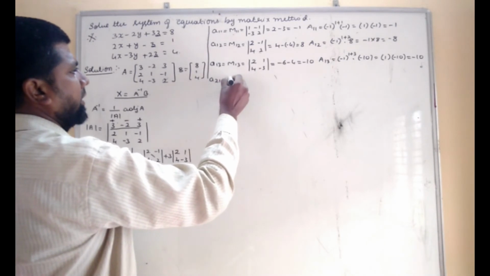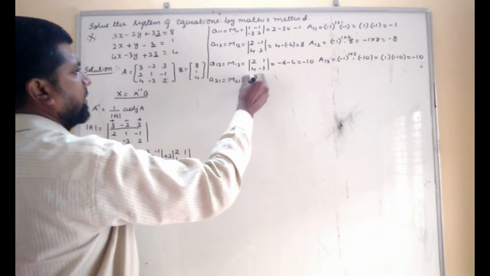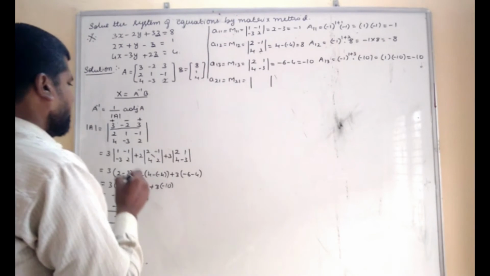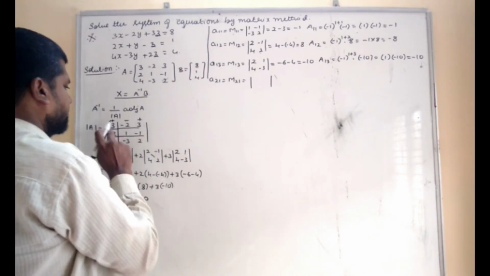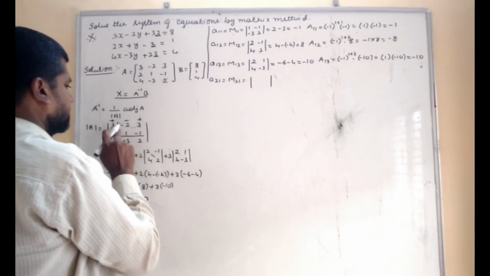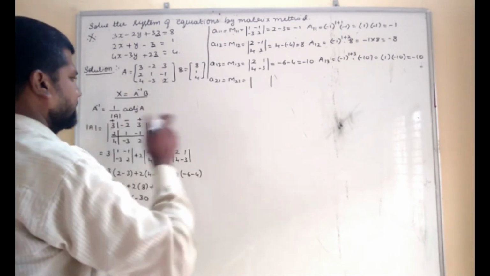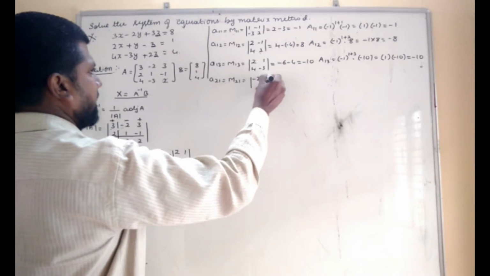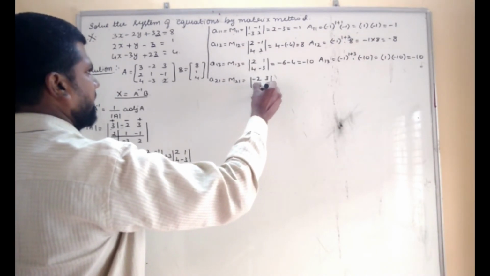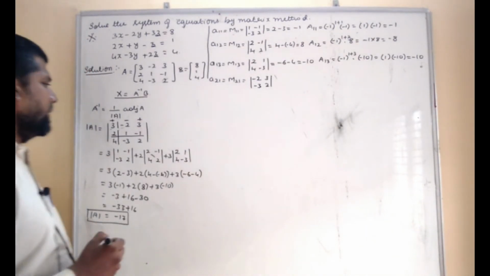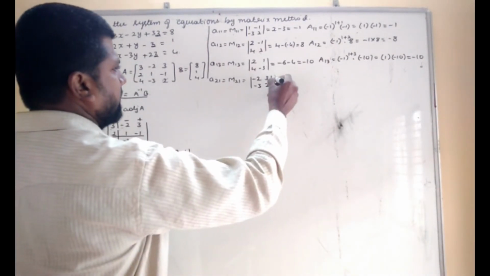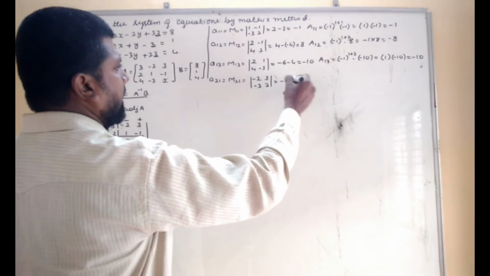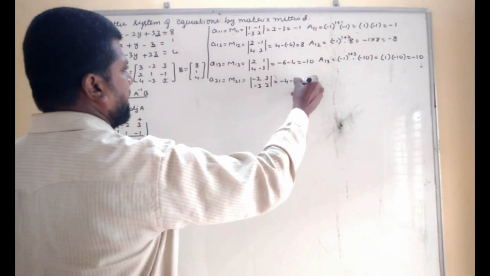A21 is equal to M21. M21 lies in the second row and the first column. Minus 2 3, minus 3 2, that is equal to minus 4 minus of minus 9.